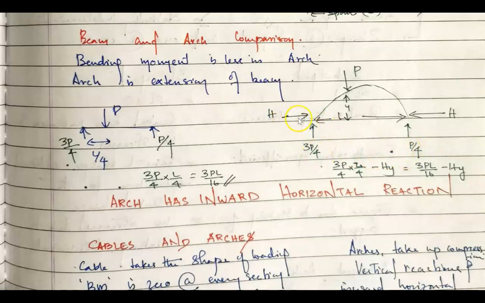Now you need to calculate H, the horizontal thrust in the case of arches, which acts inwards at both supports. At a distance x from A, you calculate the bending moment. You get 3P by 4 into L by 4 minus H into y.